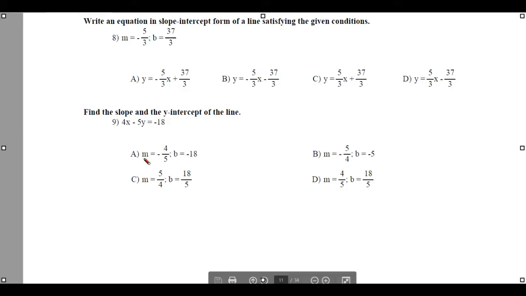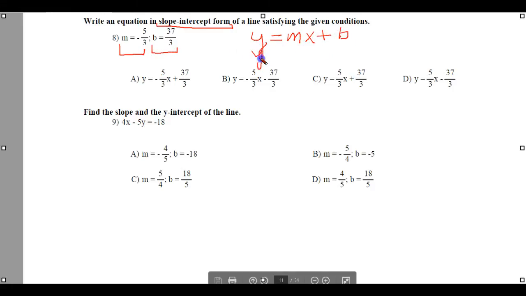Now we're pulling up some stuff from Math 1103. Here they're giving us the slope, and they're giving us the y-intercept, and they want us to put that in slope-intercept form, which was y equals mx plus b.